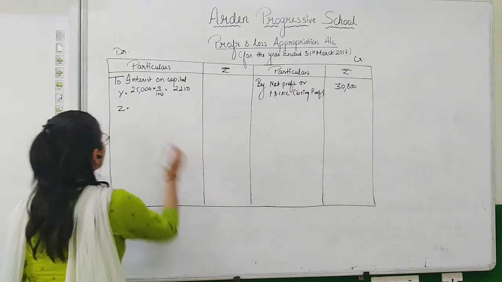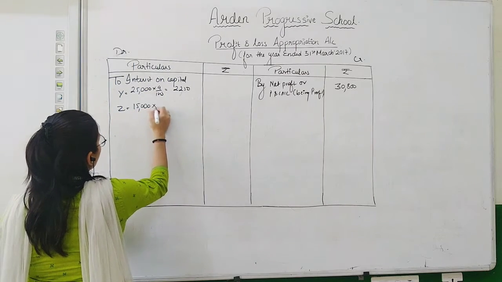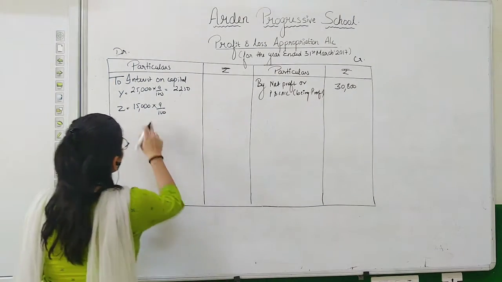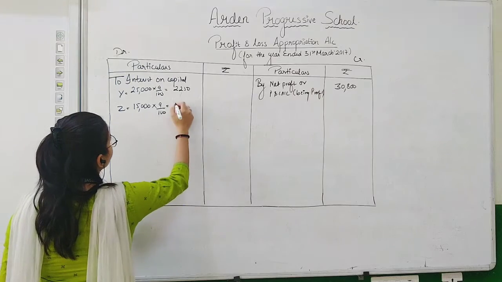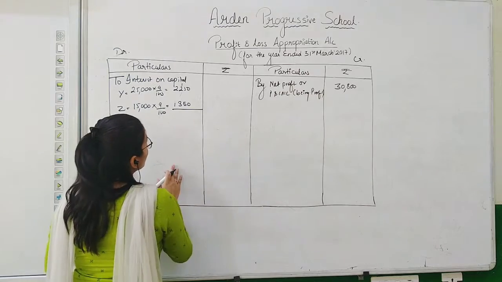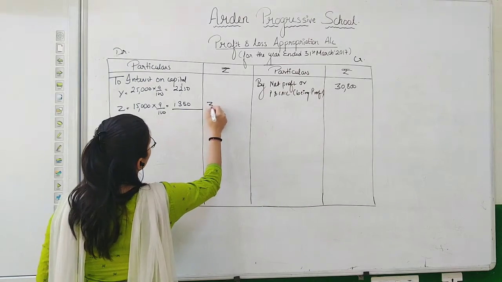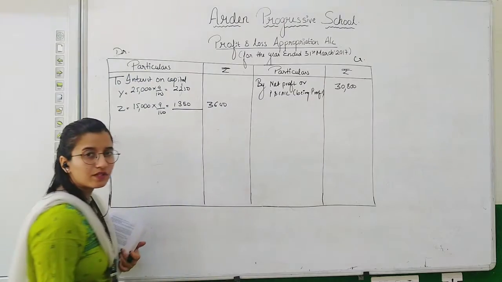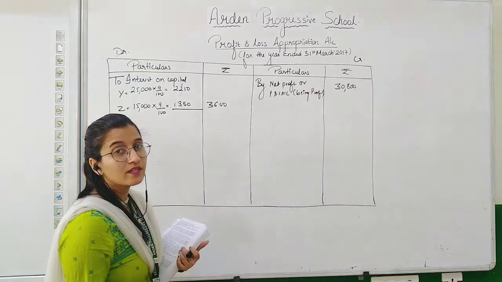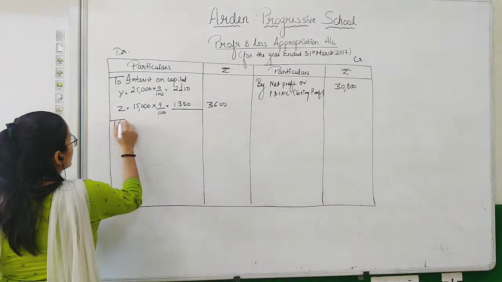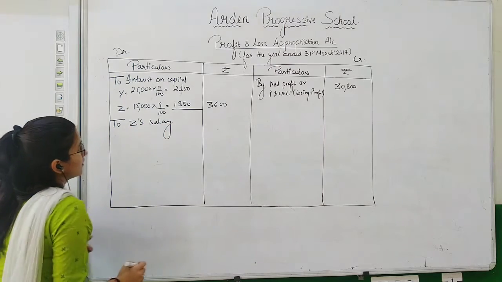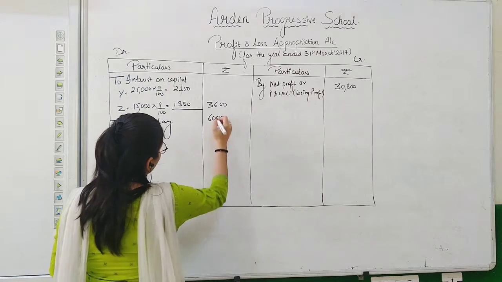Z has brought 15,000 as capital and interest has been given at the rate of 9% per annum. So 9% of 15,000 will be 1,350. So the total amount of interest on capital will be 3,600. Now next, Z is entitled to a salary of rupees 6,000 per annum. We will write to Z's salary, which is 6,000.